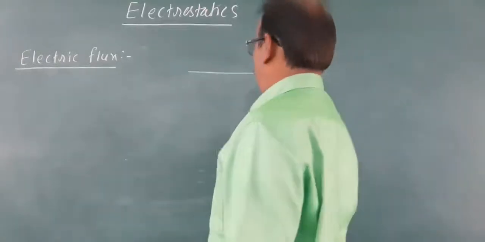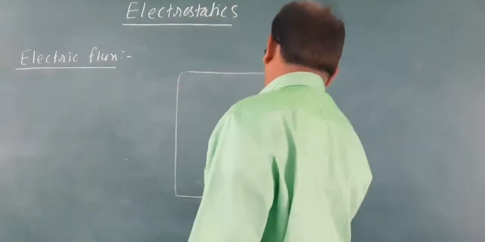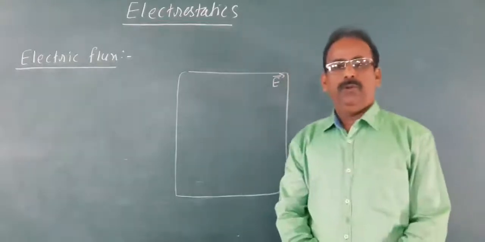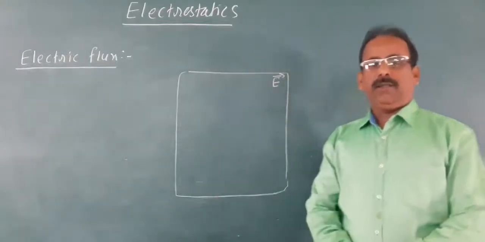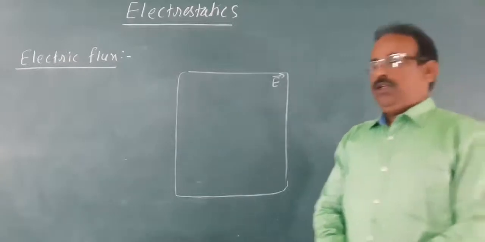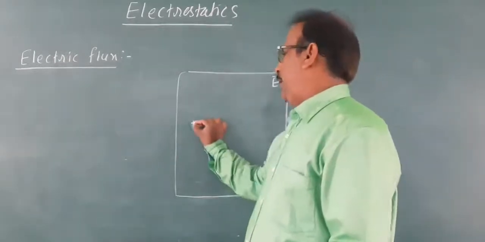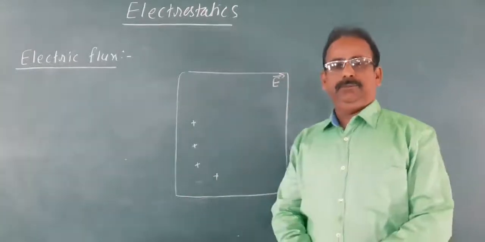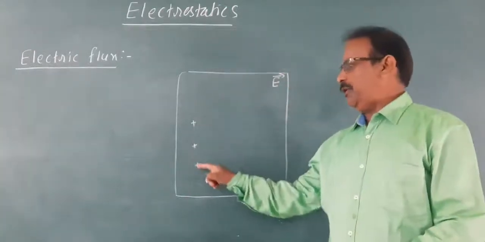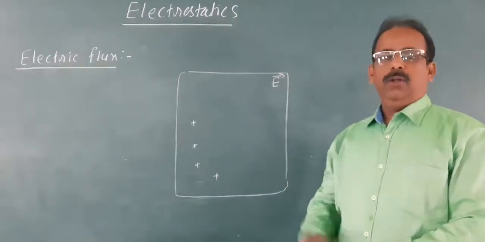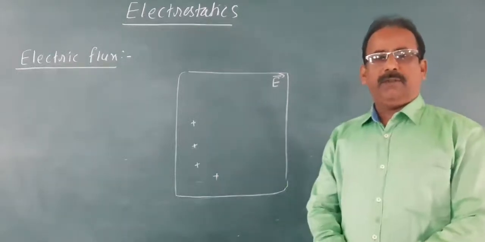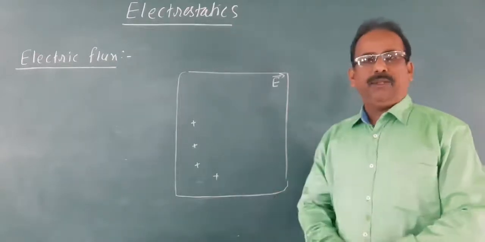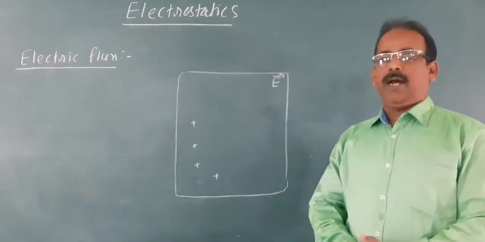Suppose this is electric field. In this region there is an electric field. In this electric field, at this point, unit positive charge is taken. On this unit positive charge, a force will act.